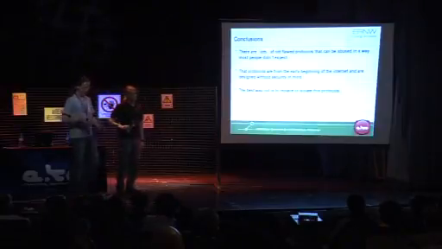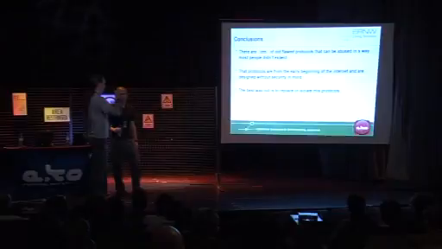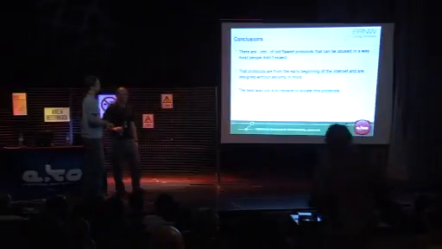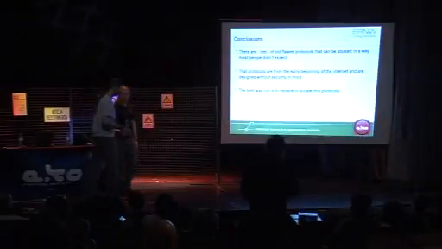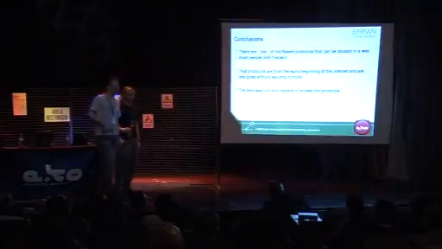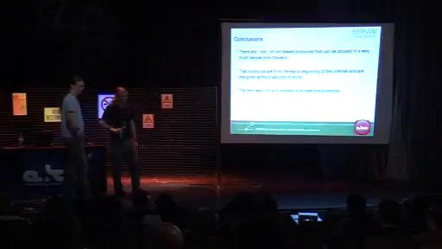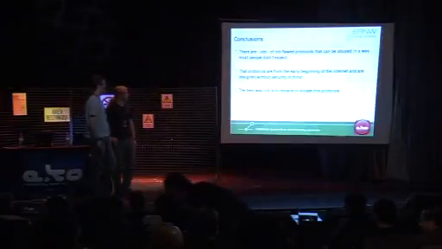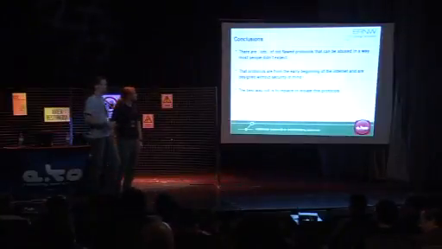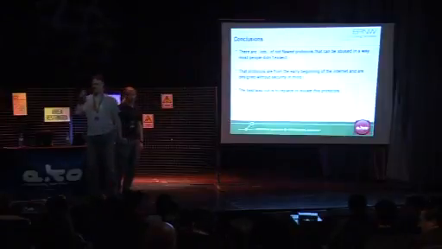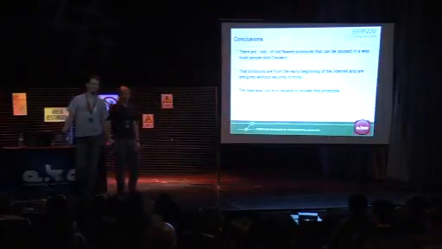Okay, so in the end we can say there are lots of old protocols, lots of flawed protocols, which can be abused in a way that most people didn't expect. So think about DNS.